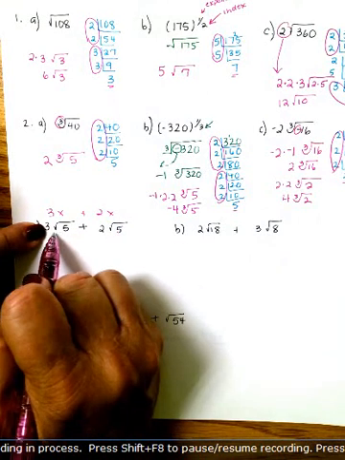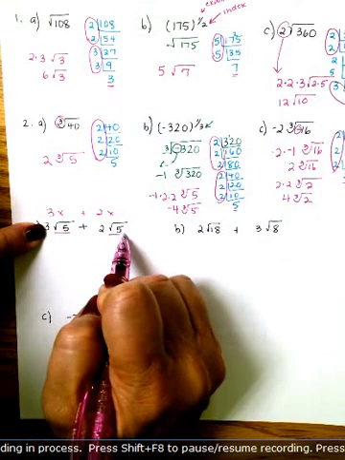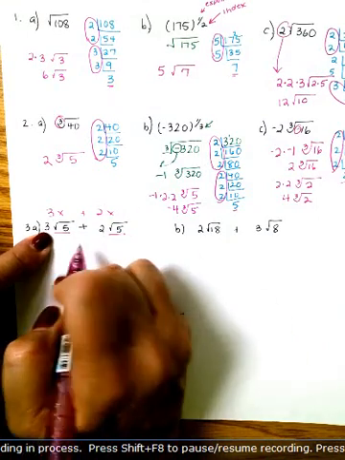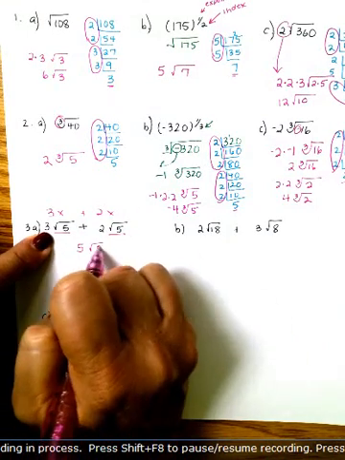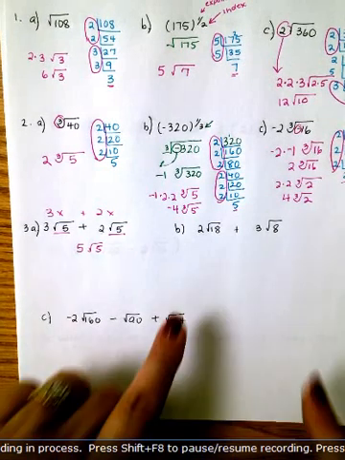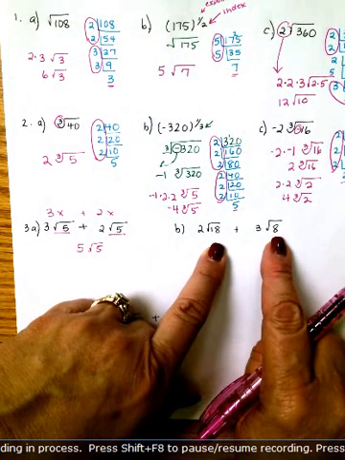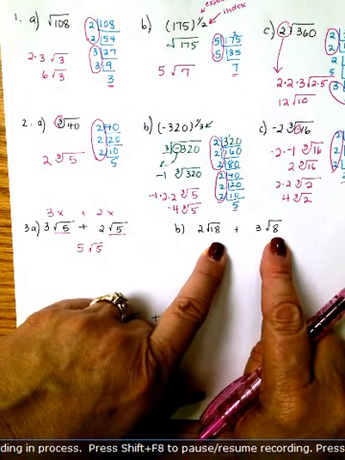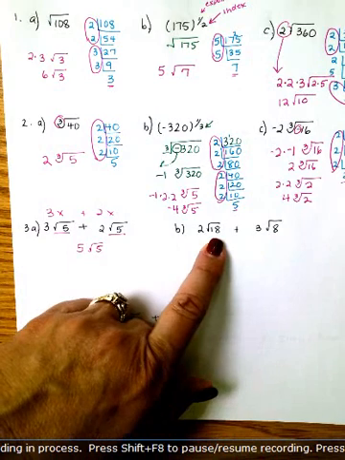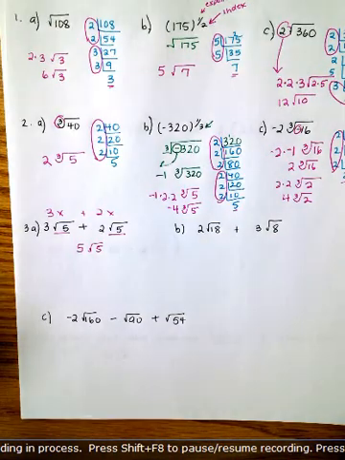It's just a radical 5 and a radical 5. I'll add my coefficients, same kind of deal, keep my radical. Straightforward. But what happens when they're not the same? I can't do that. They're not like terms. Or are they? We need to come down and break them down to their simplest form. Again, not hard, just tedious.